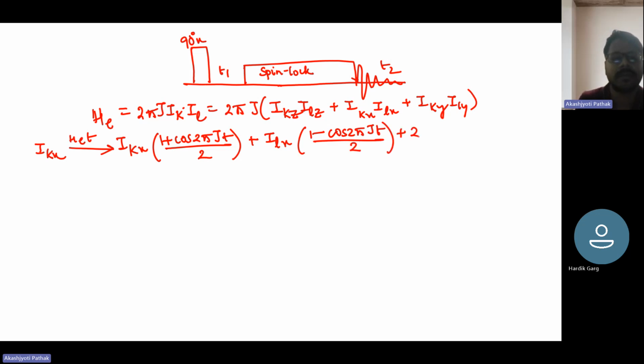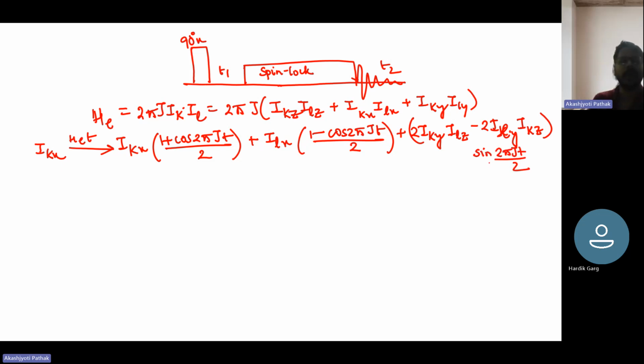And then you have these terms 2 IKY ILZ minus 2 IKY ILY. So for the L spin, it will be ILY IKZ, multiplied by sine 2πJT/2.